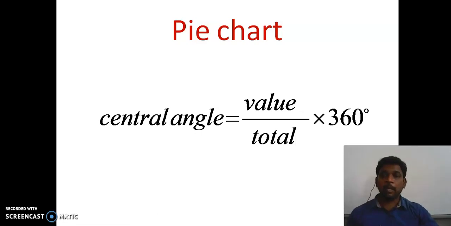That means we are going to convert the observations into angles, or degrees, right? So the formula is the value divided by the total, multiplied by 360 degrees. In the next slide we are going to see how to draw a pie chart for the given data. So let us continue in the next video.